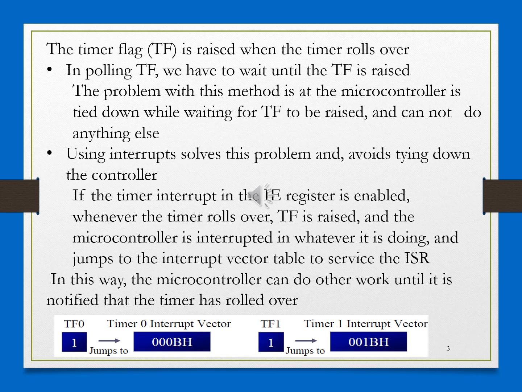In the interrupt method, we use a particular register, the interrupt enable register, where based on the application, whether we are using timer or serial communication or whatever, if those particular interrupts are enabled, and the timer rolls over and the overflow flag gets set or raised, then that generates an interrupt signal to the CPU.